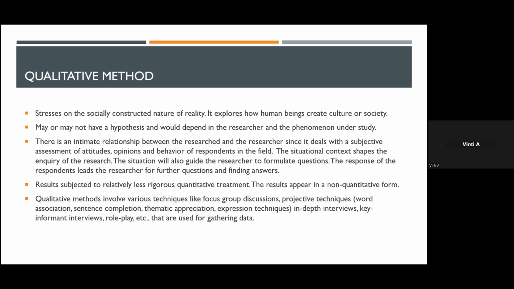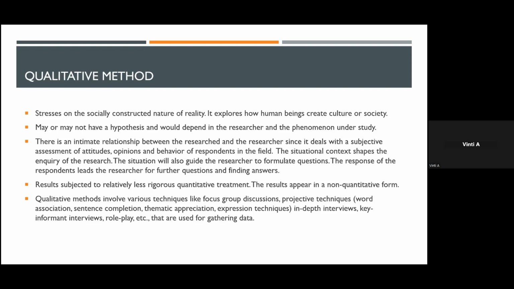Now most of the time, we do a thematic analysis or we do some coding of the qualitative research. I am sure some of you may have heard of a focus group discussion. There is also something called an in-depth interview and a key informant.